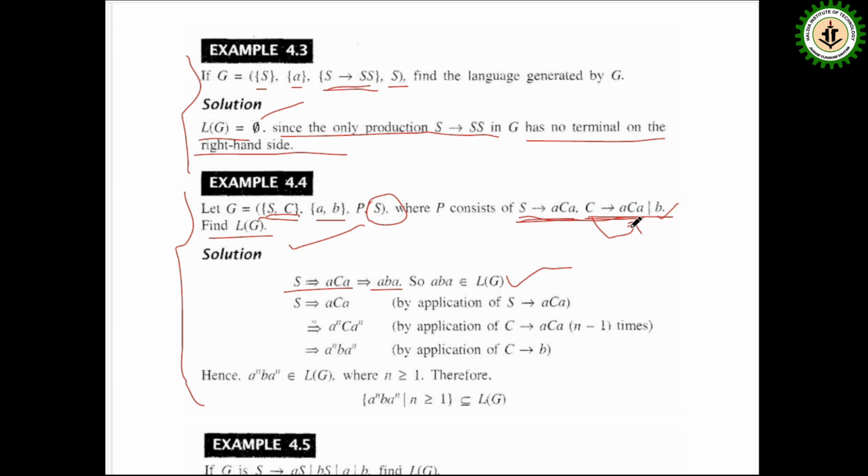To end the derivation, we have to use the production C to B. Suppose we use it n number of times, so we get A to the power n, C, A to the power n, and in the final step this C is replaced by B. So we get A to the power n, B, A to the power n.